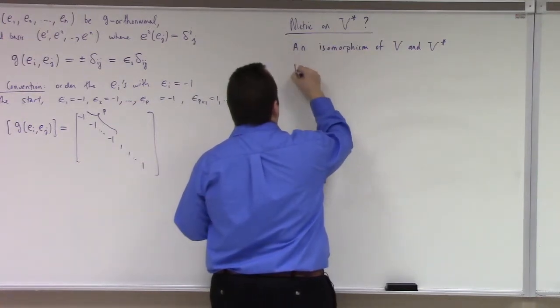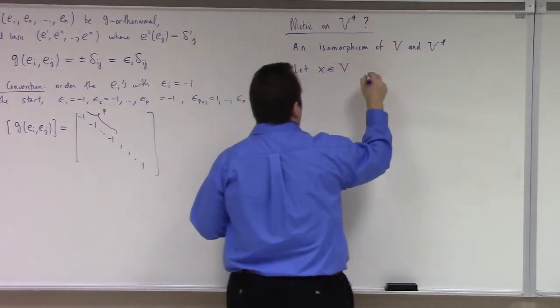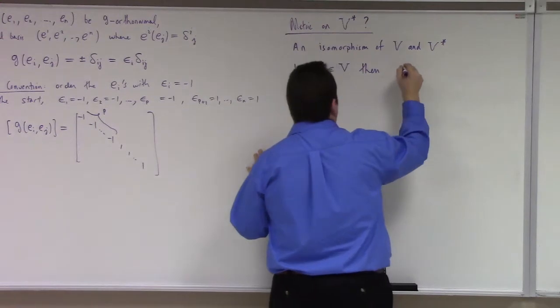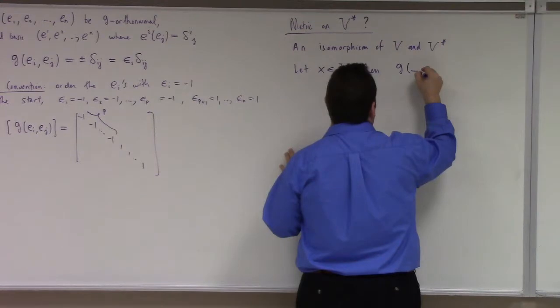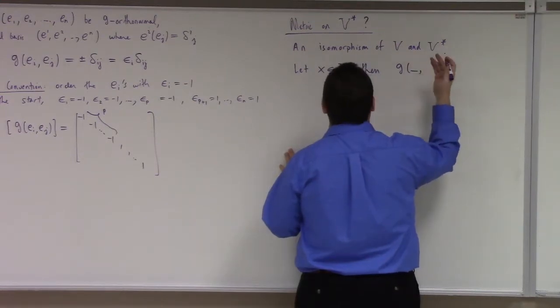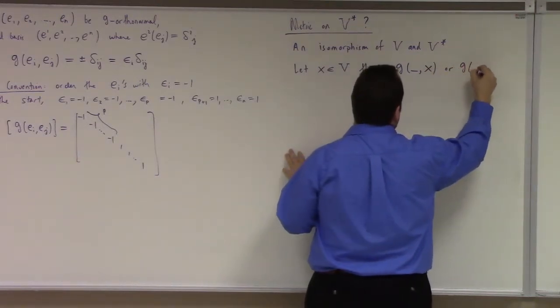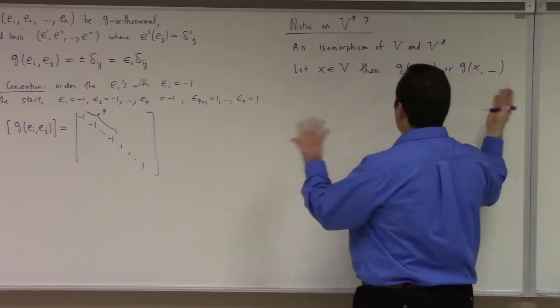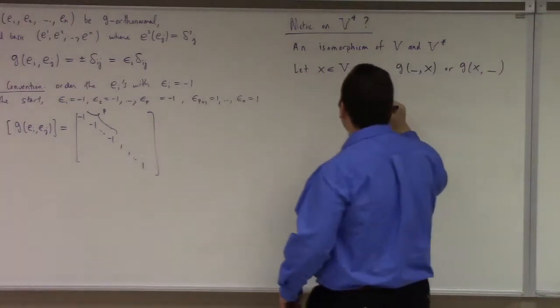So let x be an element of V. Then if we look at g of blank comma x, or g of x comma blank, it doesn't really matter because g is symmetric, right? Then that is a dual vector, which naturally corresponds to x. Let me be more precise here.